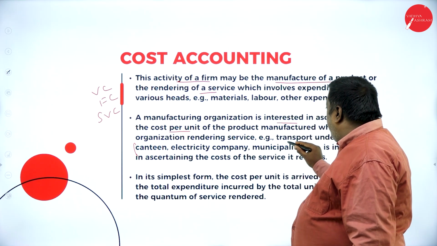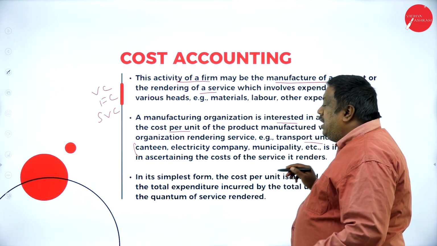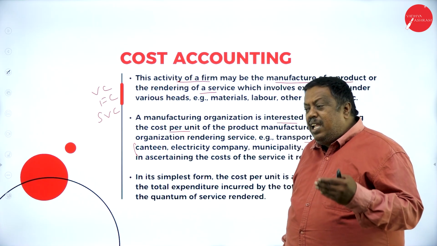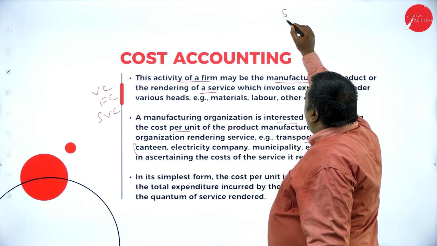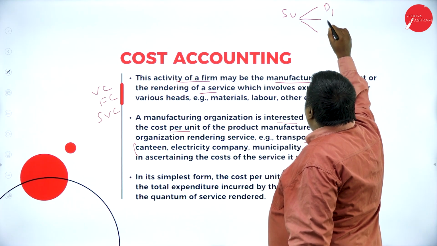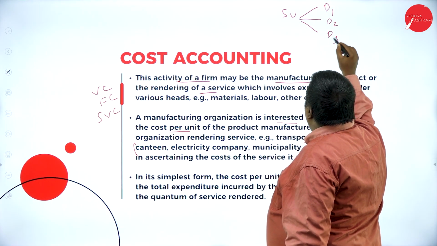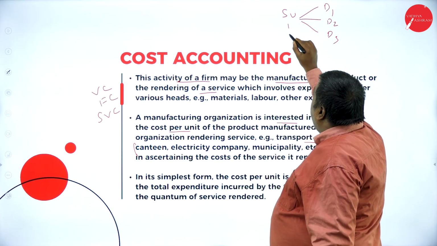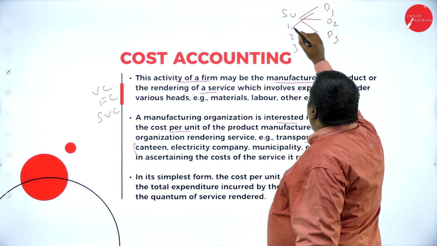Consider a service rendered by a transport undertaking. You check where the source units are and what the destination places are, and how to deliver the goods from sources 1, 2 and 3 to the destinations.